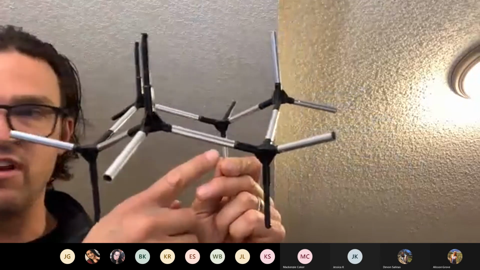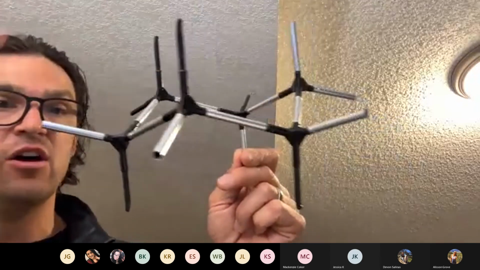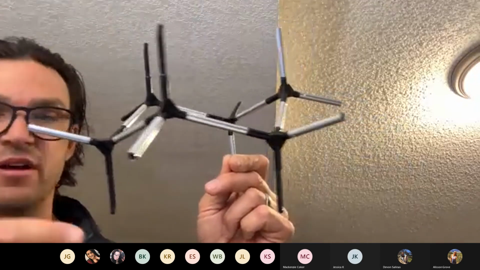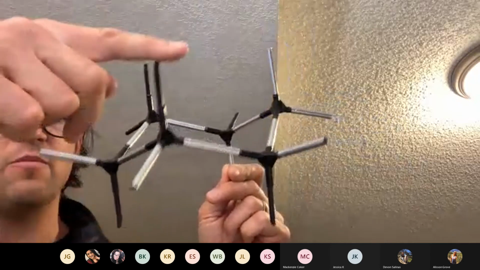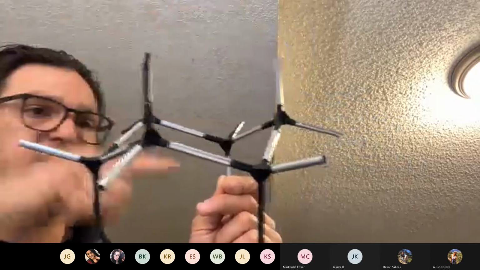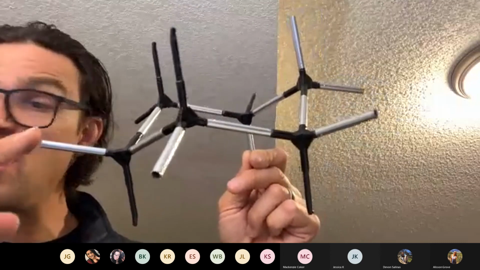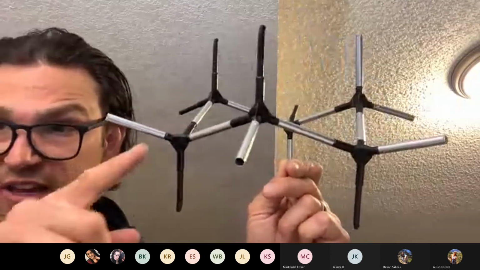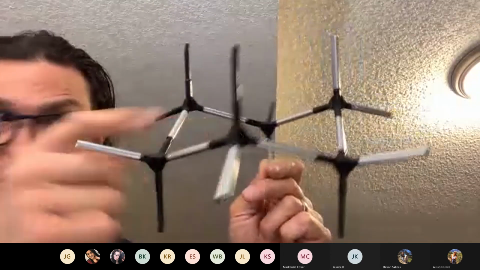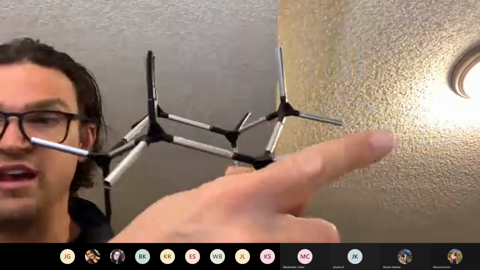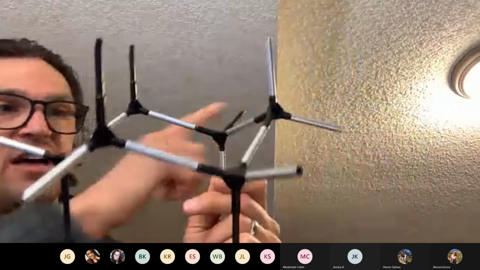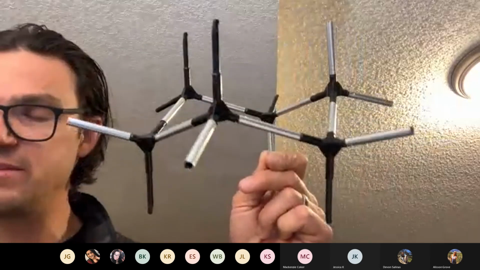You have 1, 2, 3 axial hydrogens that are pointing down. Notice that they alternate up, down, up, down, up, and down. The same thing with the equatorial hydrogens. I have 3 that are pointing up. They're not pointing straight up, but you see how this is pointing up, right? This one is pointing down. This one is pointing up. This one is pointing down. So they alternate up, down, up, down, up, down.